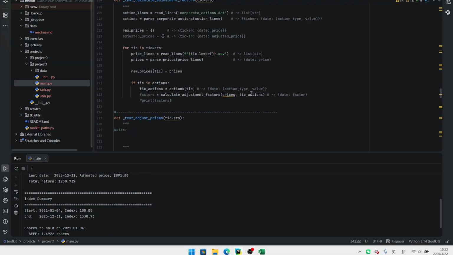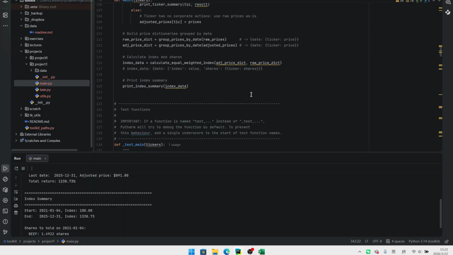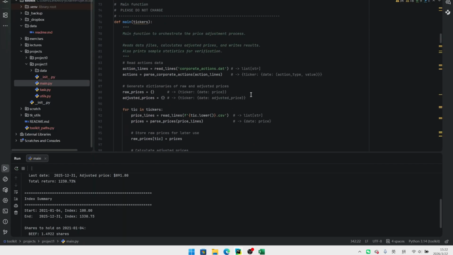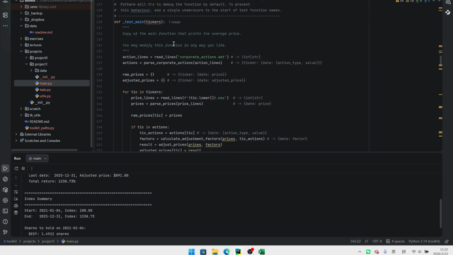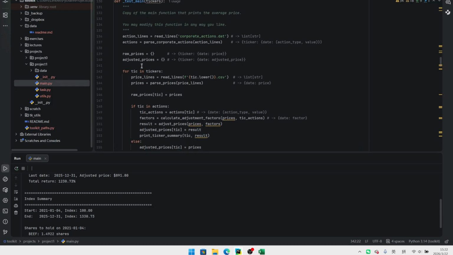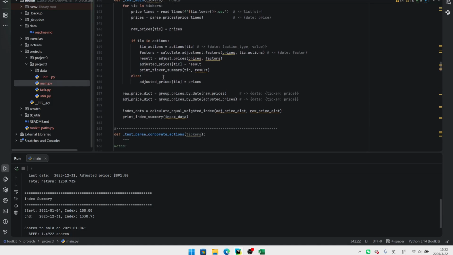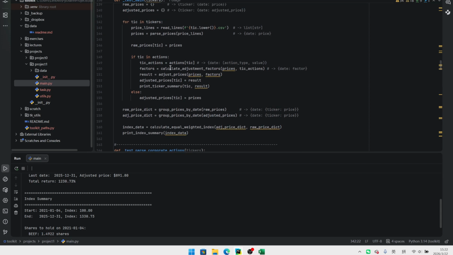So now our first question for the test, is the test correct? So the question occurs in here. So factor is the factor results adjust price.